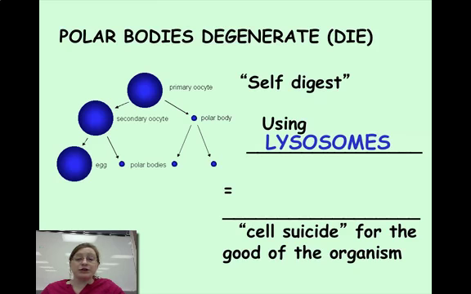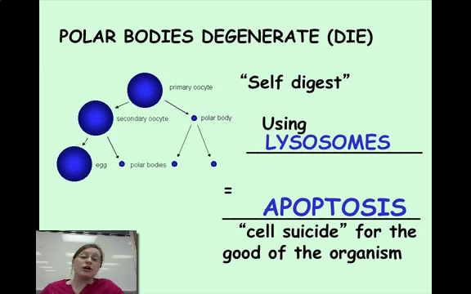So we're going to use the lysosomes, and we've talked about this before, but just again here, that is going to be apoptosis. Okay, what's going to happen is those polar bodies are going to go into this degeneration or cell suicide program, and they're going to be broken down and destroyed. But it's okay because we got that one really great egg cell out of it.